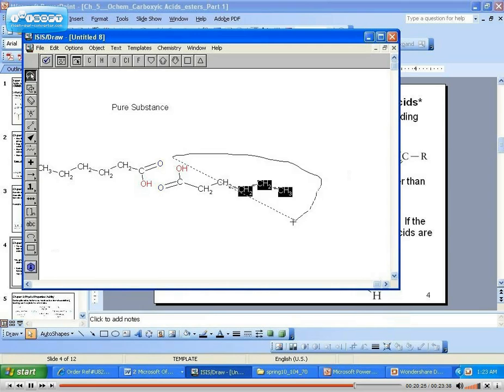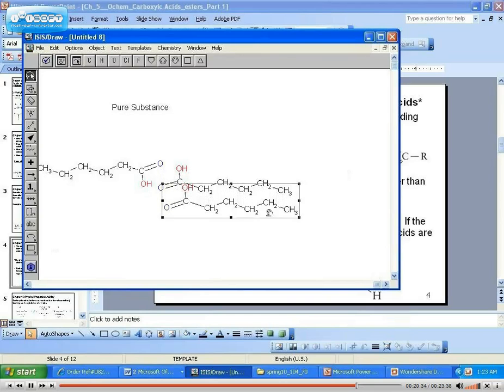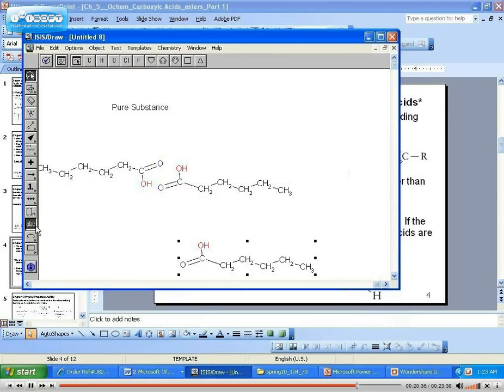Now, if I wanted to, I'll make a duplicate over here. I can have a mixture, where one of my favorite mixtures is to use good old-fashioned water.